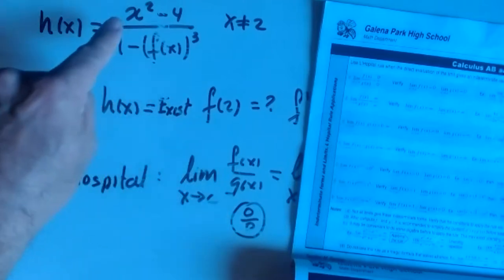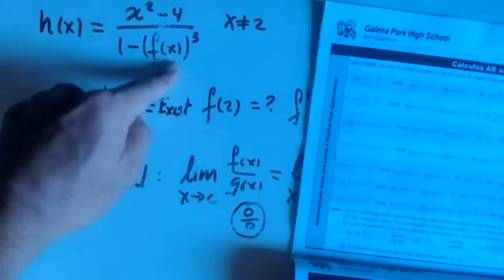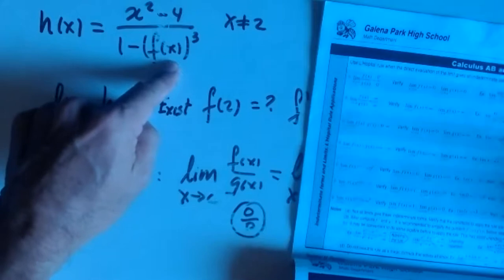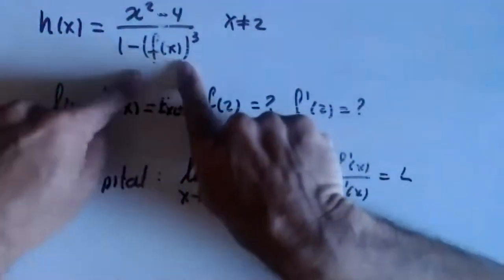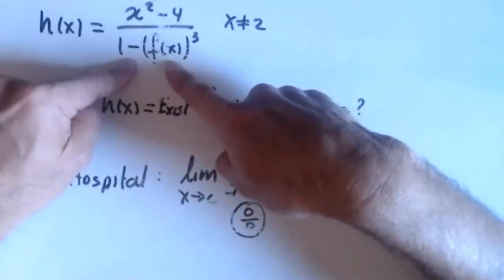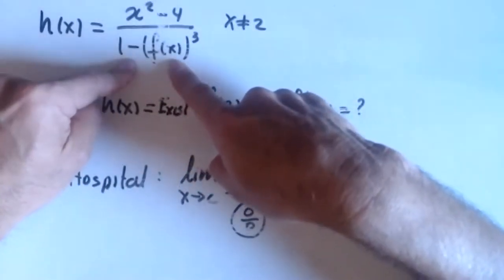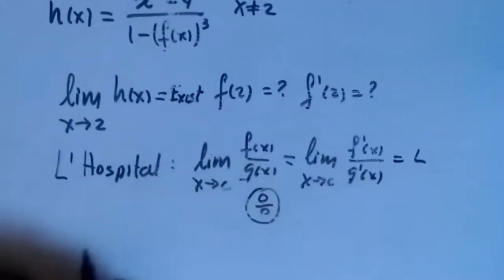This is 0 at 2, and this has to be 0 at 2. So how much is f of 2? With what value do you make this 0? 1. So f of 2 cubed has to be 1, correct?